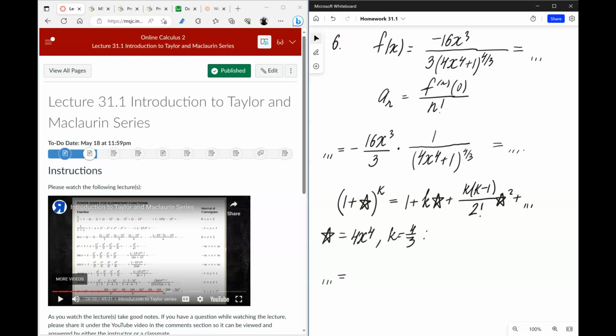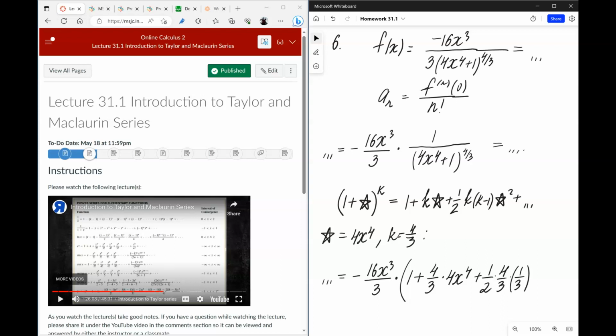We're going to have negative 16x cubed over 3 times 1 plus 4/3 times 4x to the 4, plus 1/2 times 4/3 times 4/3 minus 1, which is 1/3, times 4x to the 4 to the power 2.